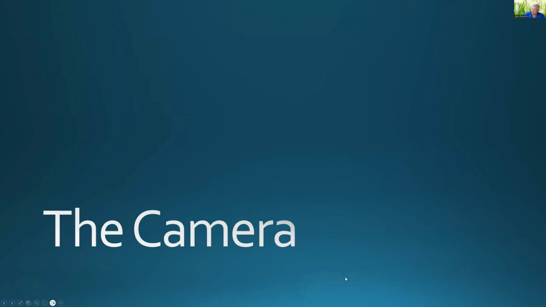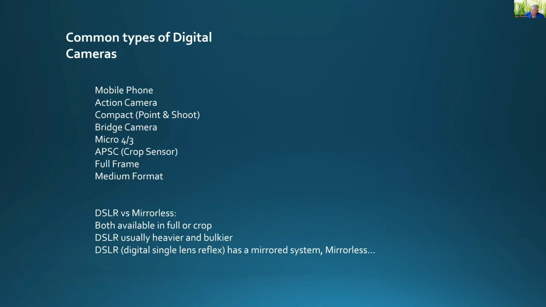All right, so we'll start with the camera. And I asked all of you to let me know what you're using, and you'll see that in a second. So the common types are obviously your cell phone, an action camera. Are you guys familiar with that? Like a GoPro type thing? Oh, okay.